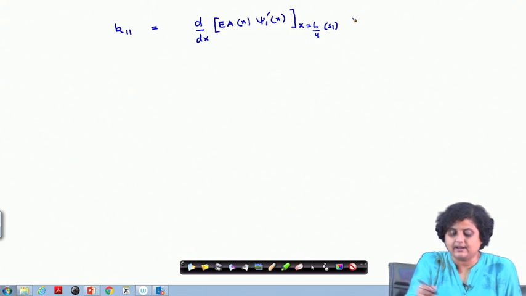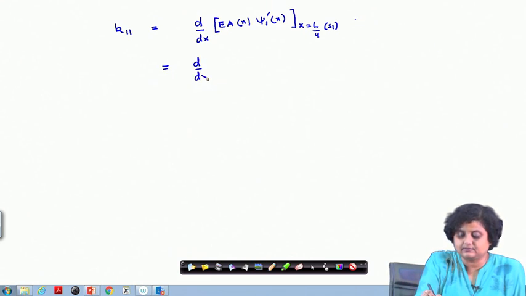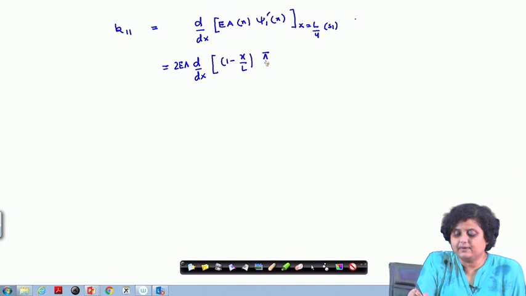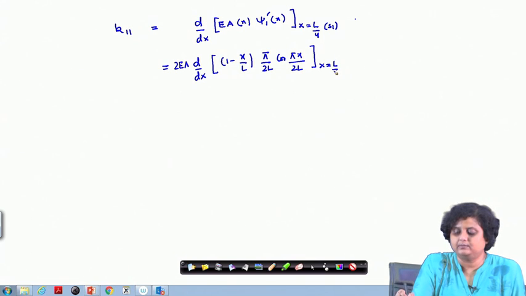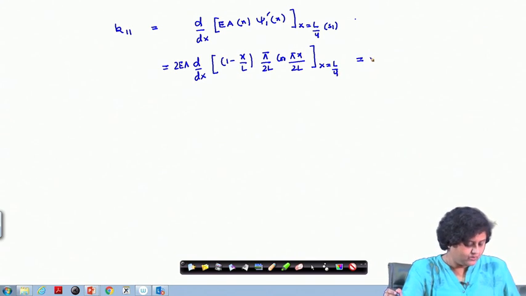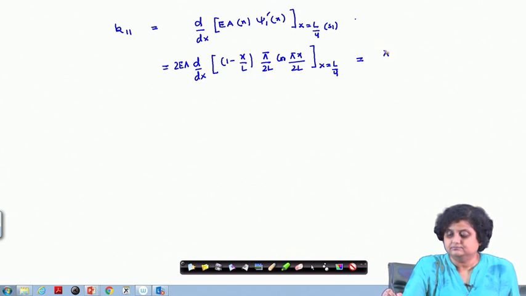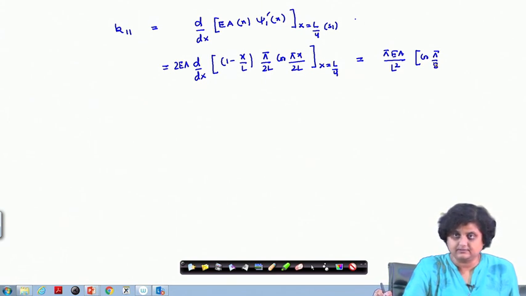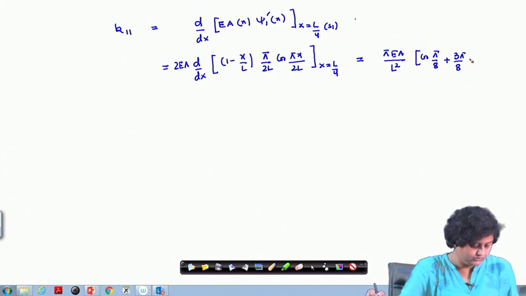If this is k11, I can write this as d dx of 2EA into 1 minus x by L, and then I have pi by 2L cos pi x by 2L, at x equal to L by 4, which will turn out to be pi EA by L square cos pi by 8 plus 3 pi by 8 into sin pi by 8.